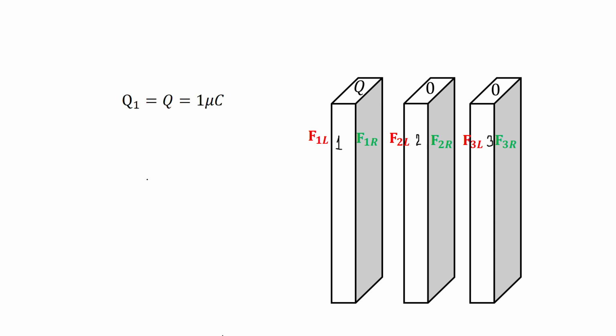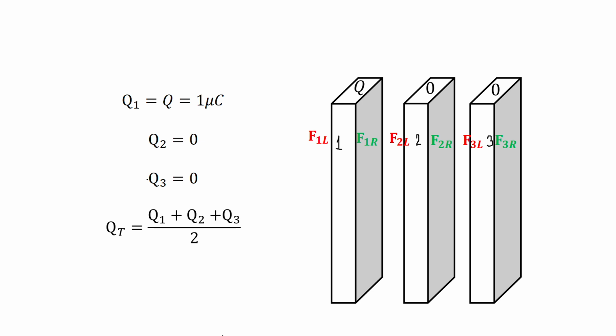Now in our question, it is given that Q1, the charge on the first plate, is 1 microcoulomb. It is initially given to this plate. Q2 and Q3 are given as 0.